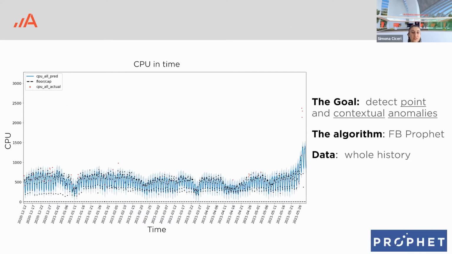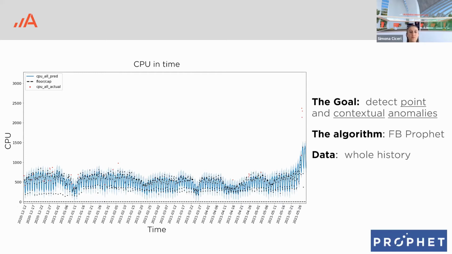To detect point and contextual anomalies, we make use of the Prophet algorithm. Prophet is a machine learning algorithm developed by Facebook for forecasting time series data.